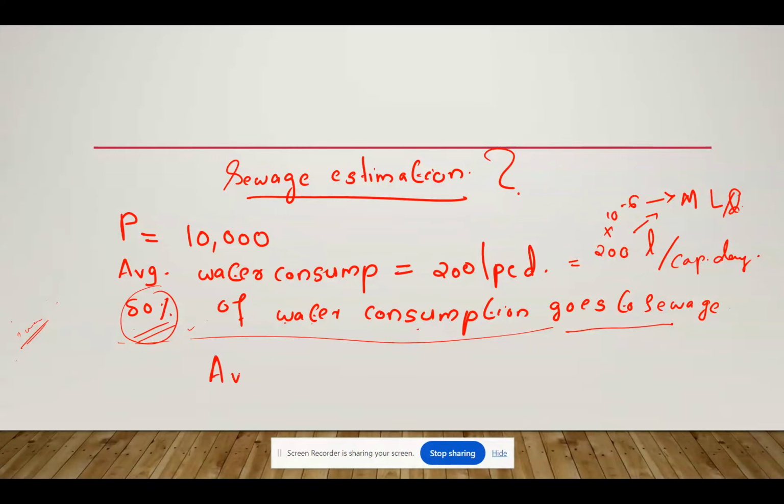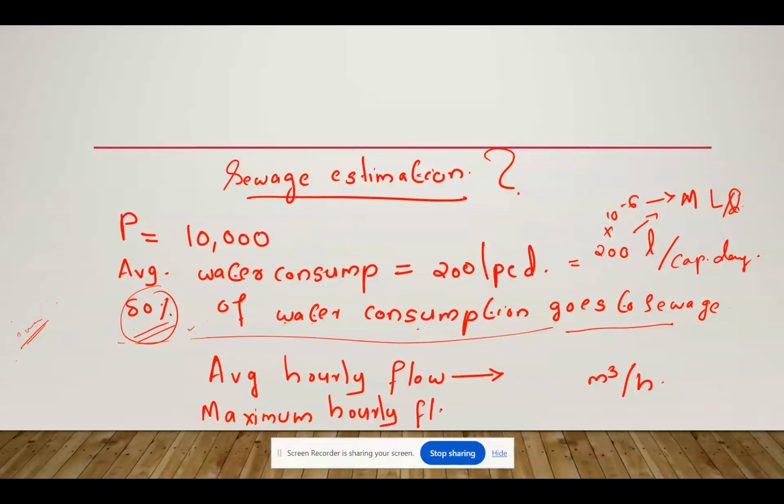Then calculate what is the average hourly flow in the sewage system. You have to calculate in meter cube per hour. What is the hourly flow and what is the maximum hourly flow? Meter cube per hour, you have to calculate.